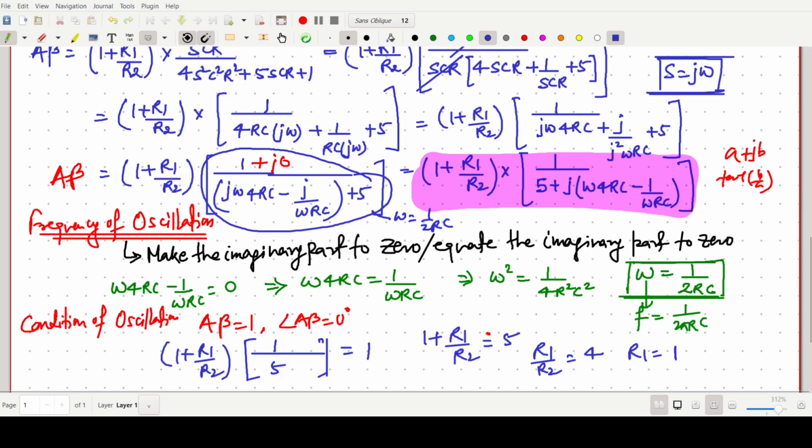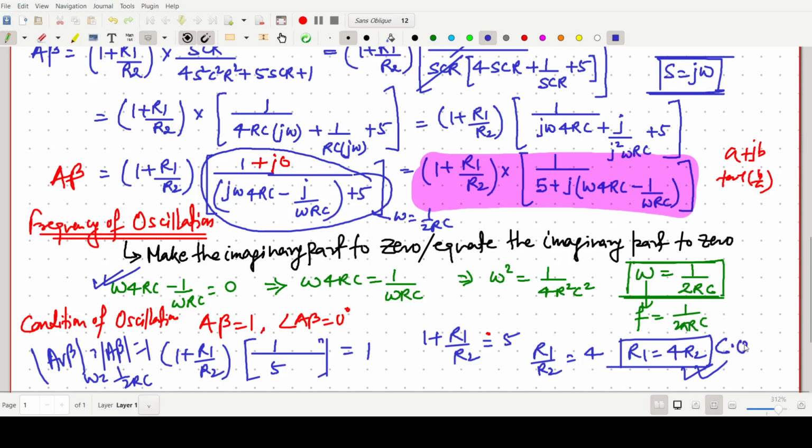So R1 equals to 4 R2. Because the angle part we have already used. For the angle part, here we have used A beta equals to 1 part, by keeping omega equals to 1 by 2 RC. So this one is our condition of oscillation, COF, and this one is FOF, frequency of oscillation.